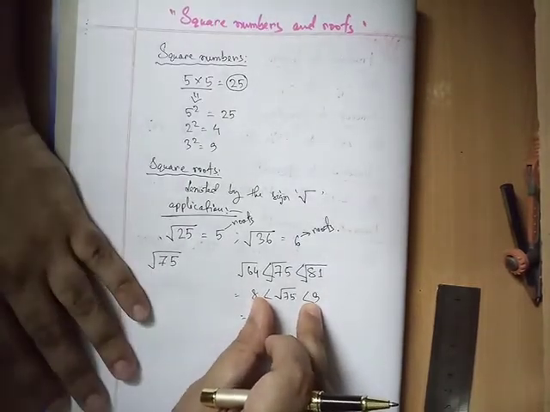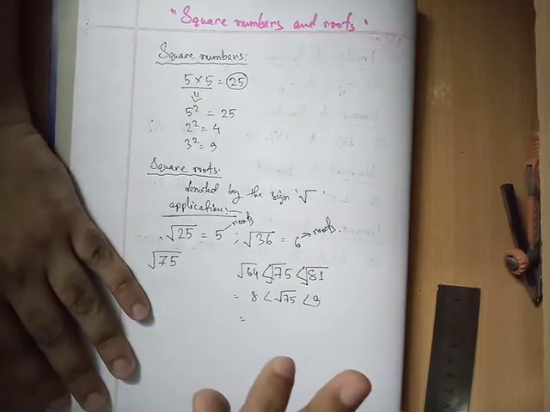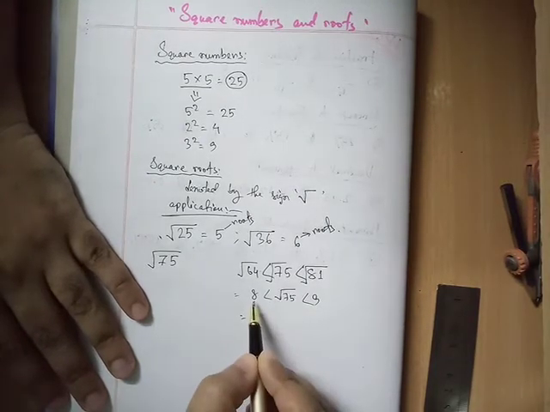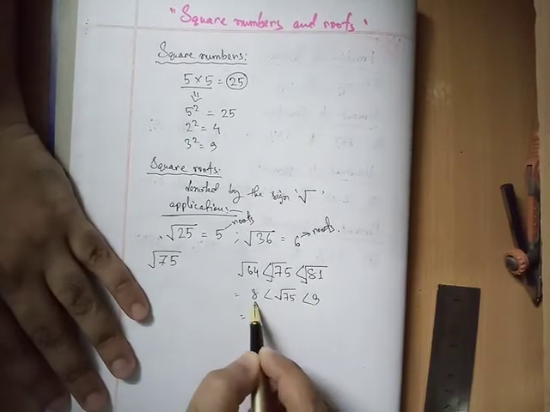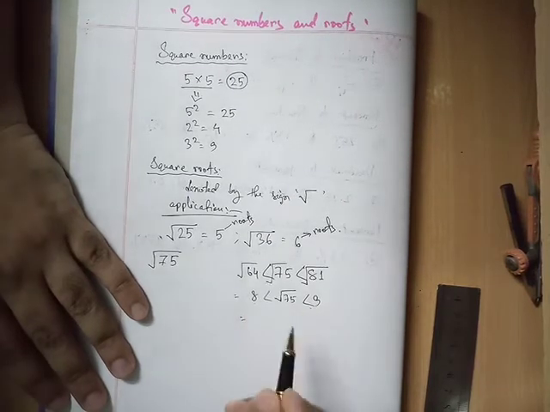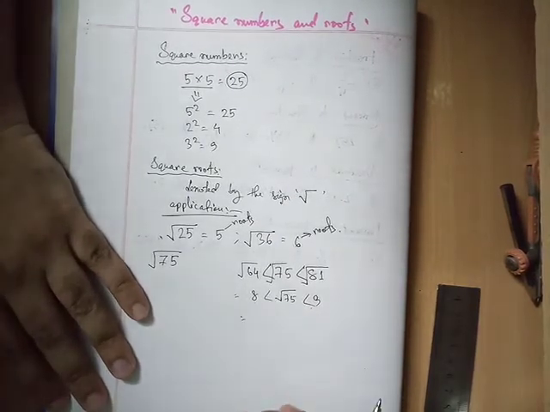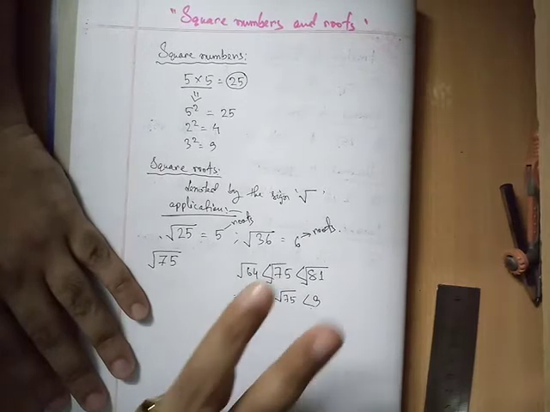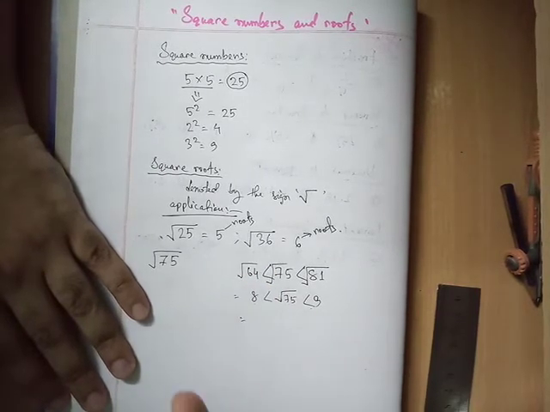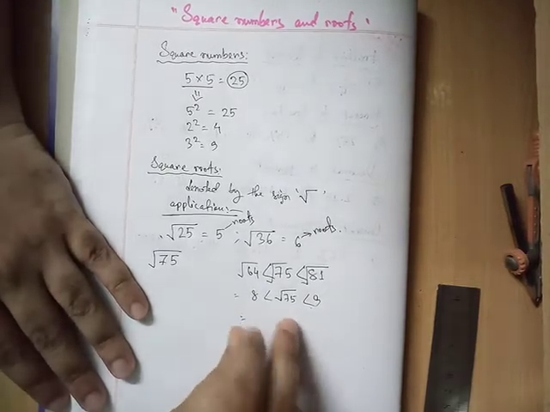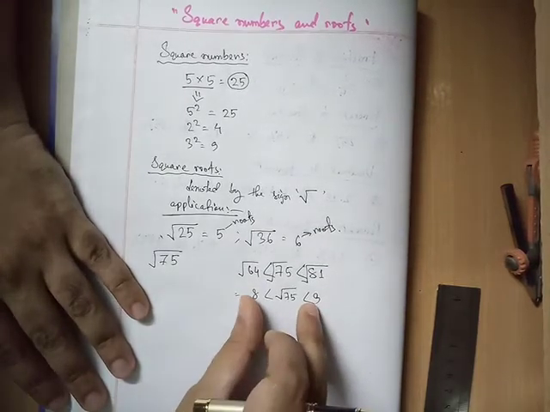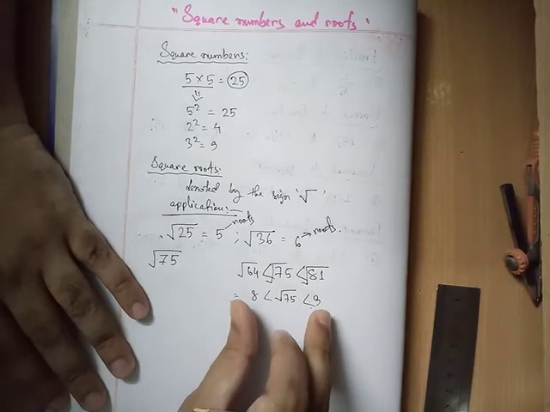It is definitely not a whole number, because it is greater than 8 but less than 9. And we know from our previous knowledge that if any number falls between two consecutive whole numbers, it is definitely a decimal number or a fraction. Okay, so this is the first thing we are going to do for estimating.